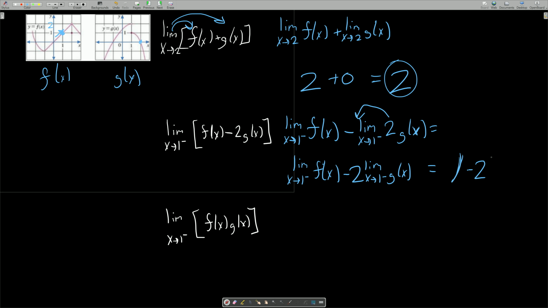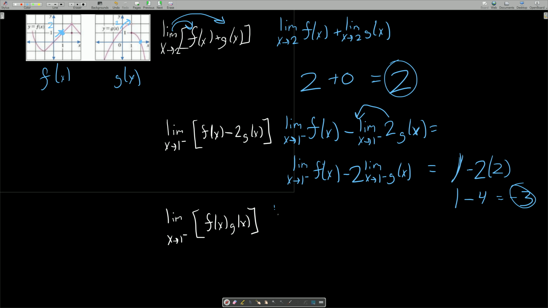And minus 2 times the limit of g of x as x approaches 1 from the left. Remember this minus right here, and the limit means from the left. So you're approaching from the left, and right here it's at 2, y equals 2 right here. That would be 1 minus 4. So the answer is negative 3.